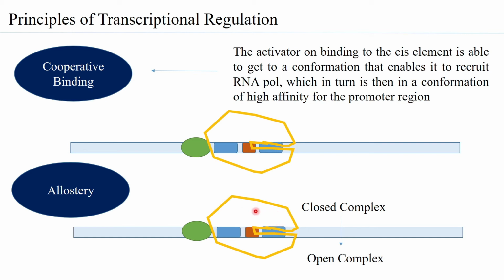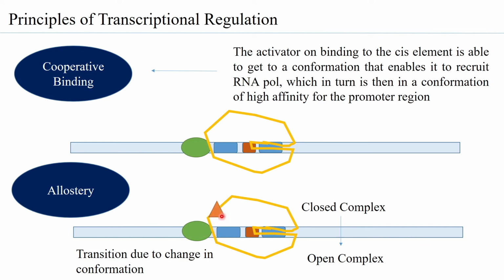When it is not bound, it forms a closed complex. But when it is bound to the activator, it forms an open complex. So you can see a transition from one form to the other, and that transition is attributed to a change in conformation of the RNA polymerase itself thanks to the allosteric interaction of the activator.